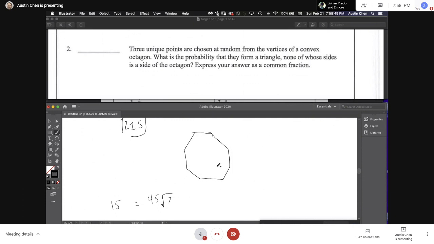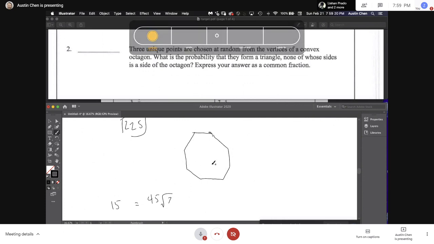Then you can also count how many ways you can choose 3 unique points on the octagon, and then the ratio of those two would be your answer. So how we can count the total number of triangles that satisfy this, that don't have a side that coincides with the octagon. We can think of first the shape of the triangle, and then think of rotating it.